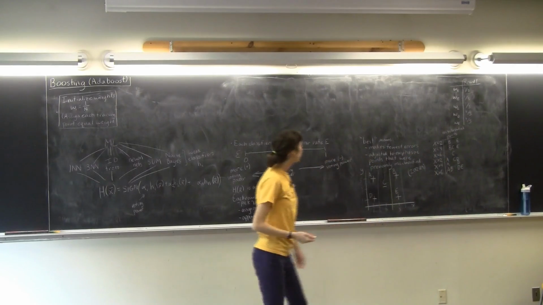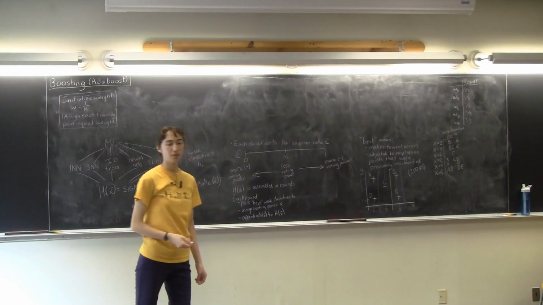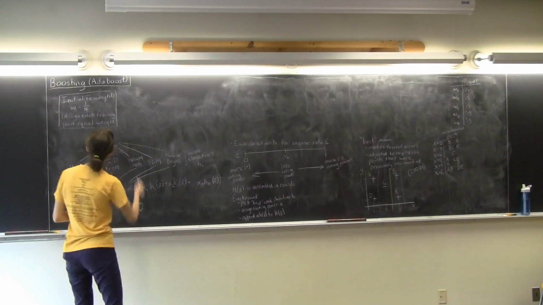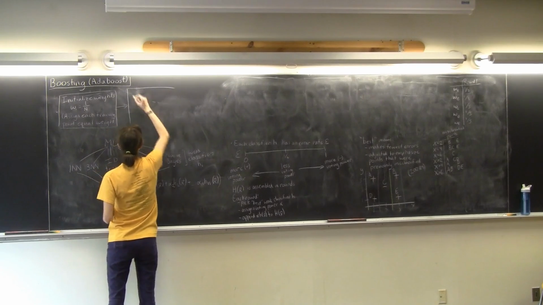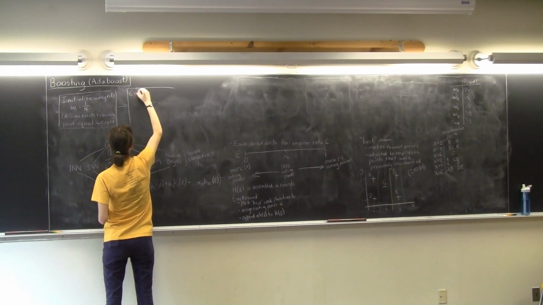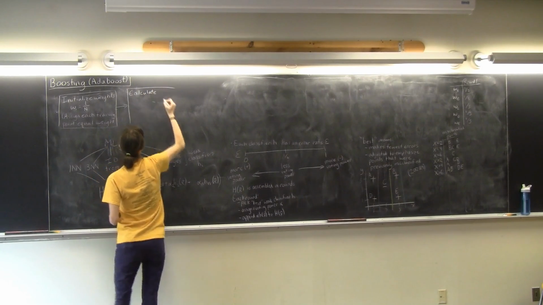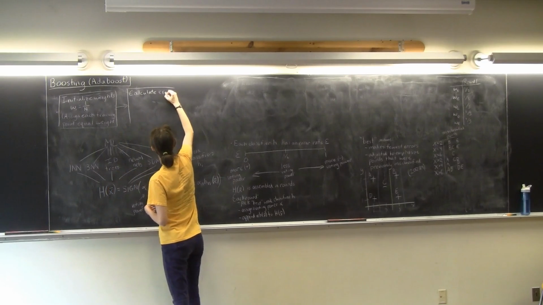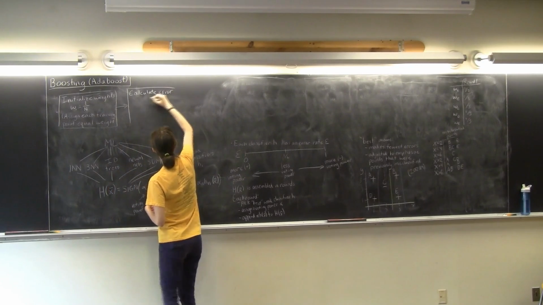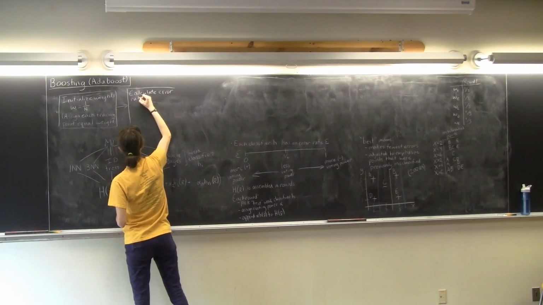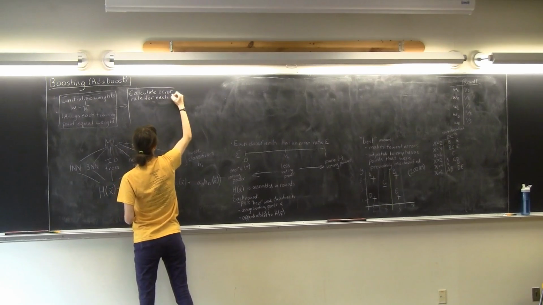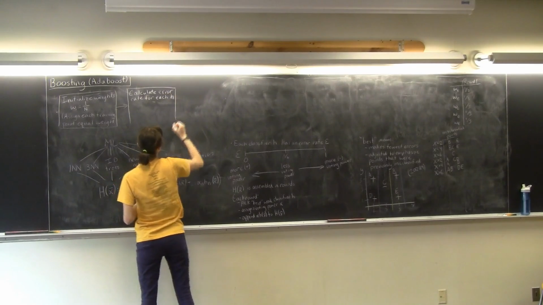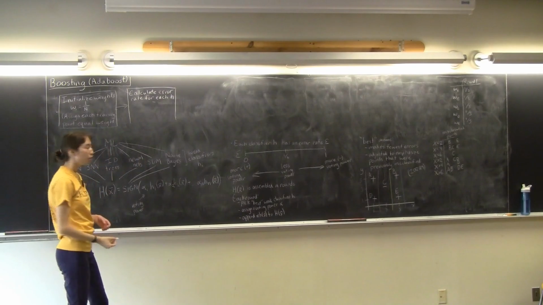Okay, we have a weight for each training point. Now what we're going to do is compute the error rate for each of our weak classifiers. So our next step is calculate error rate for each weak classifier, little h.